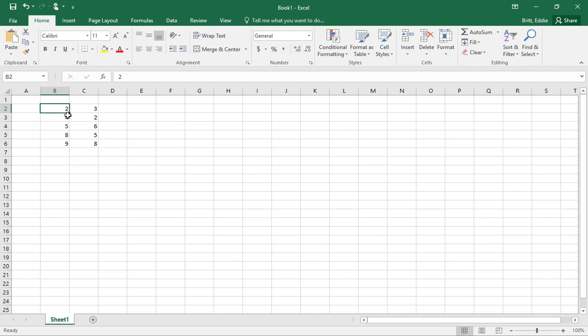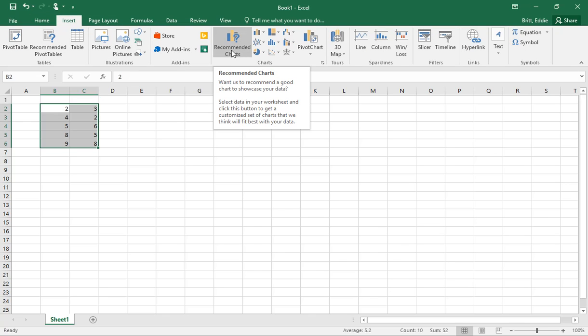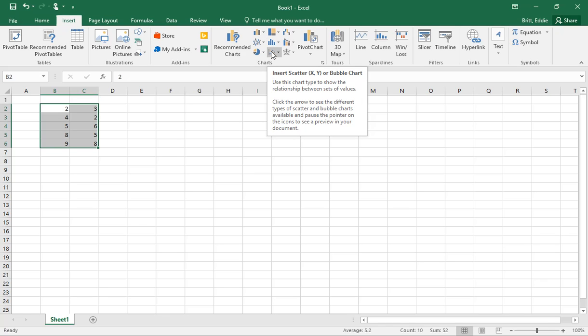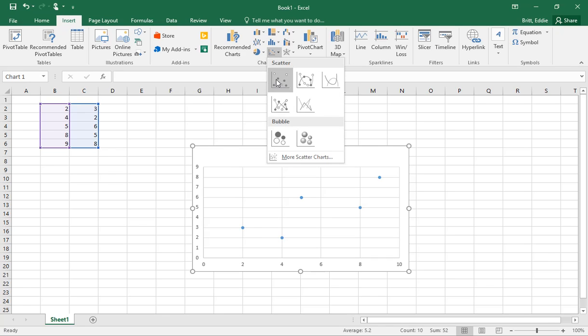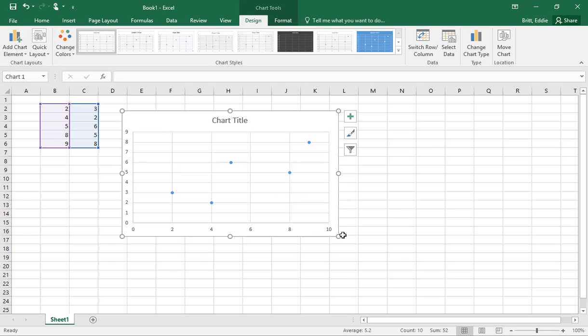All right, and then I'm going to select those values and put them in a scatter plot. If you go to Insert, you look at these recommended charts, you can see that one right there is a scatter plot. Let's do a scatter plot. All right, so there it is.